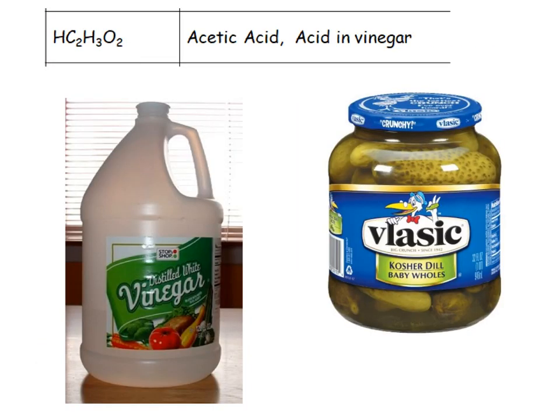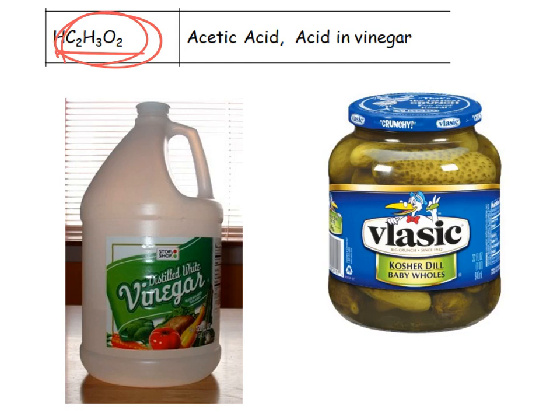Next, we have acetic acid, which is the acid that you find in vinegar. Most of you probably have vinegar in your house somewhere. The formula for it is HC2H3O2. The part called C2H3O2 is called the acetate ion. So this could go by the name hydrogen acetate, and it's better known as acetic acid.